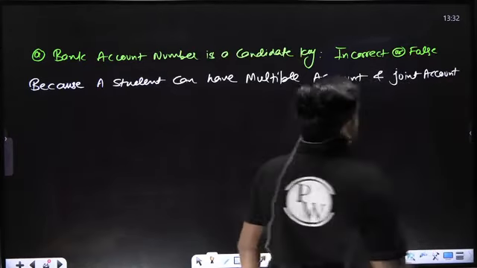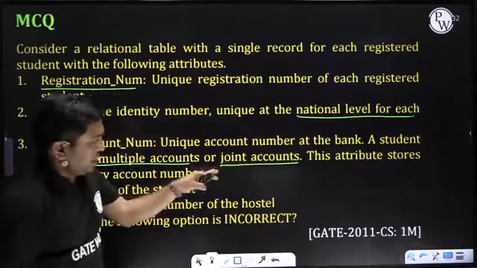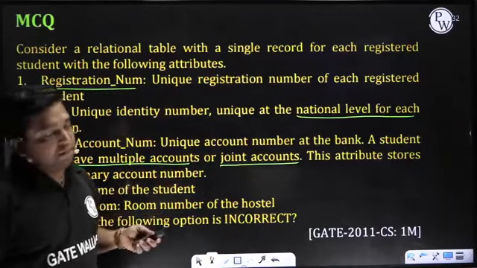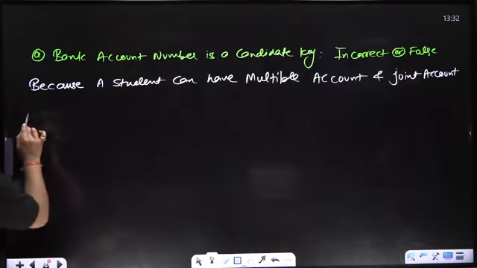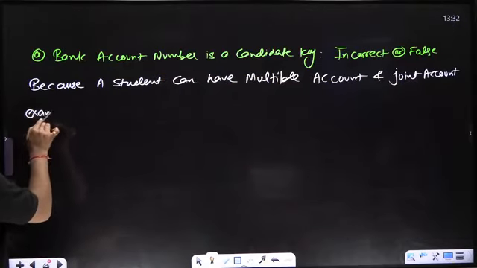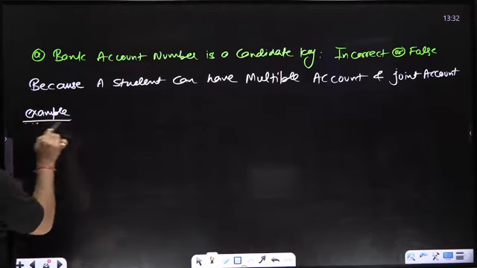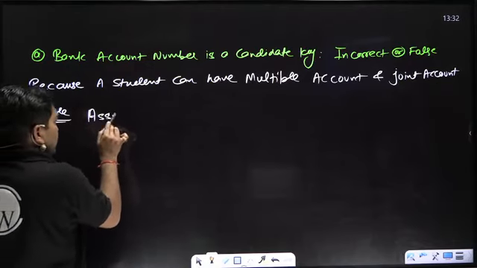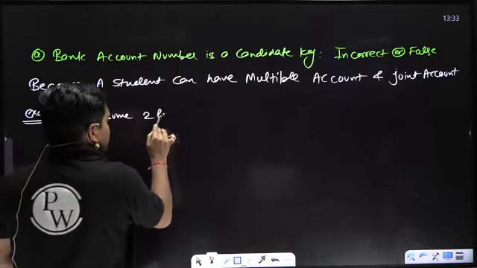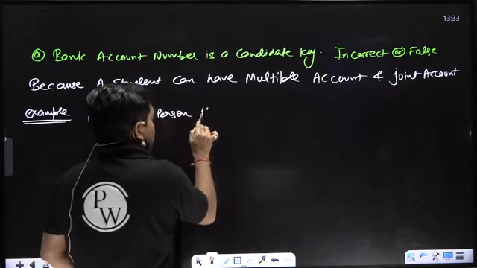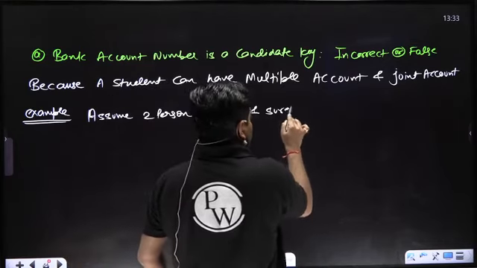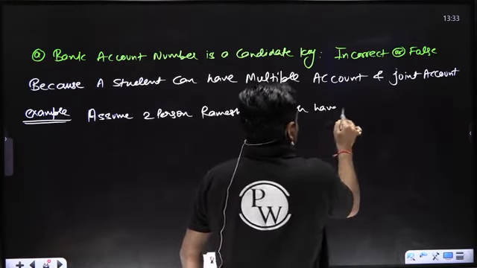Then what is the problem? A student can have multiple accounts or a joint account, but this stores the primary account number. For example, let's assume two persons, Ramesh and Suresh, have a joint account.